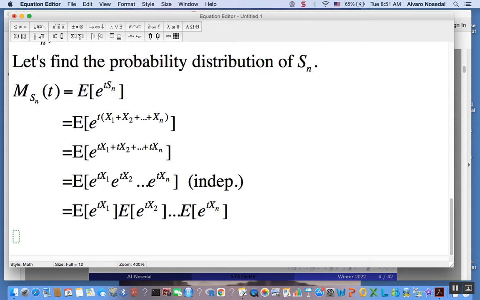Now the expected value of e to the power t times x1 is, by definition, the moment generating function of x1.